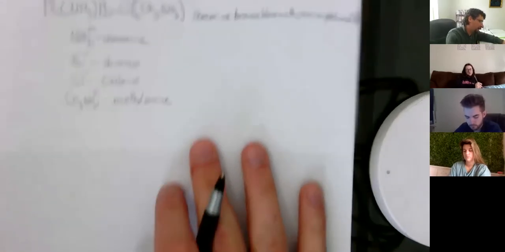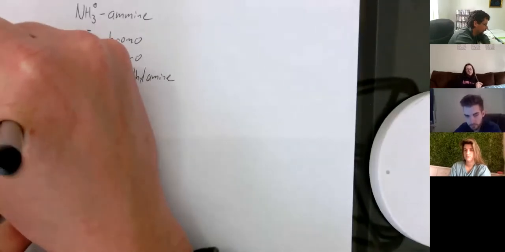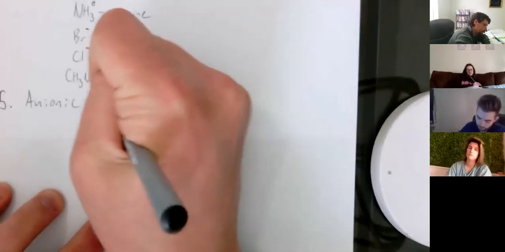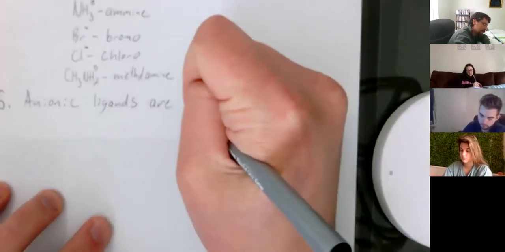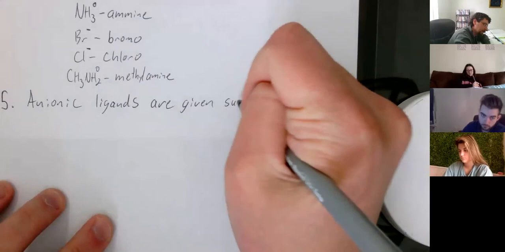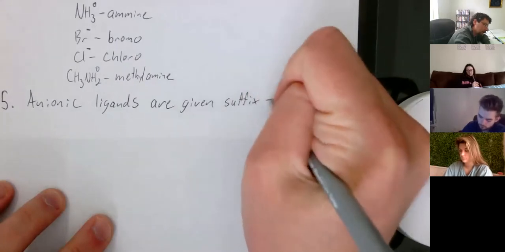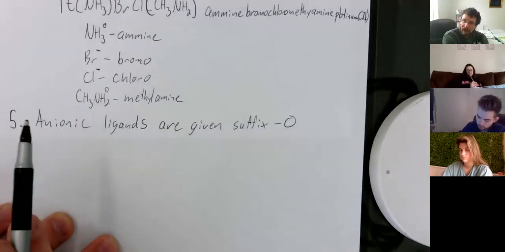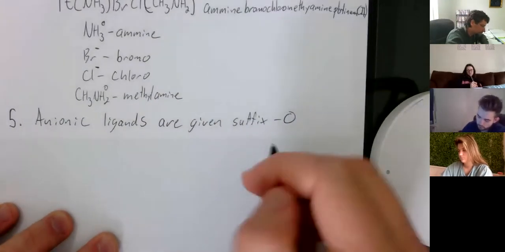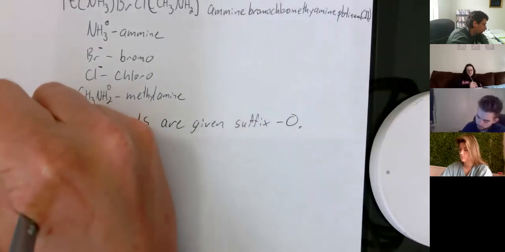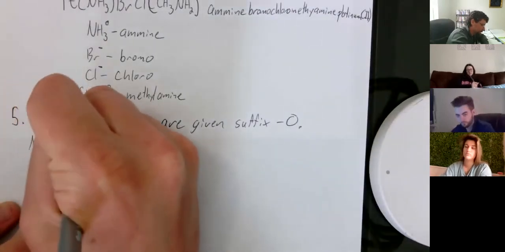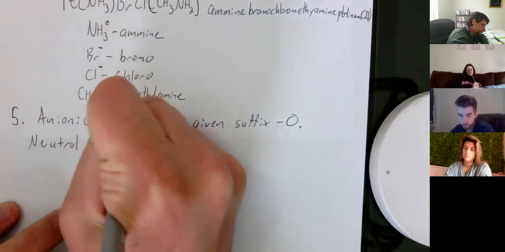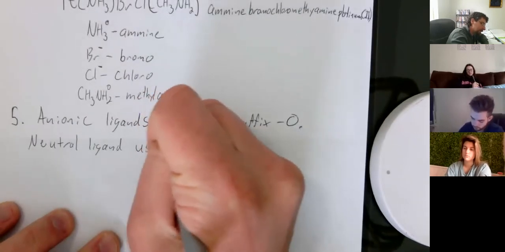Okay, number 5 is a pretty easy rule. Anionic ligands, so things with a negative charge, are given the suffix O, so they'll end in O. Notice bromo, chloro, they were negatively charged, they have an O. Neutral ligands usually keep their names.